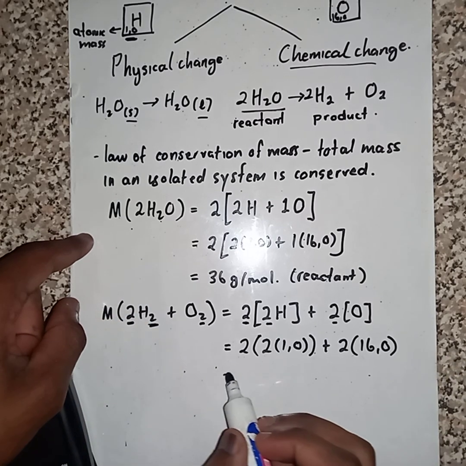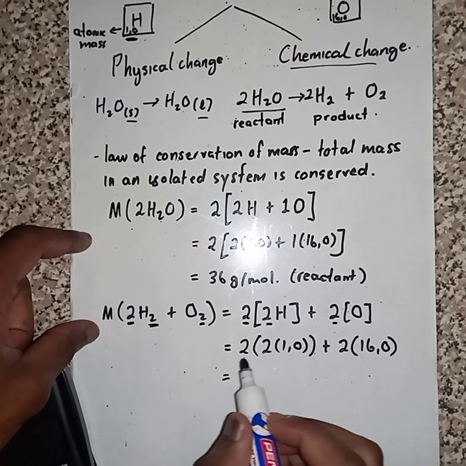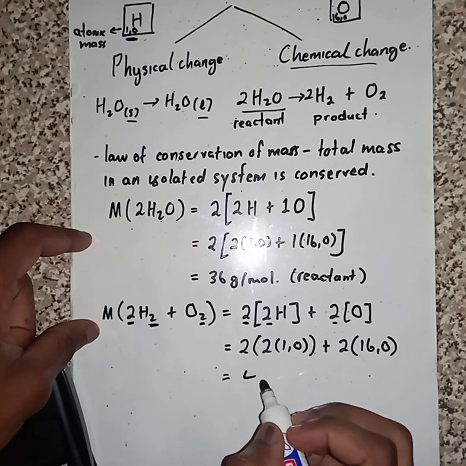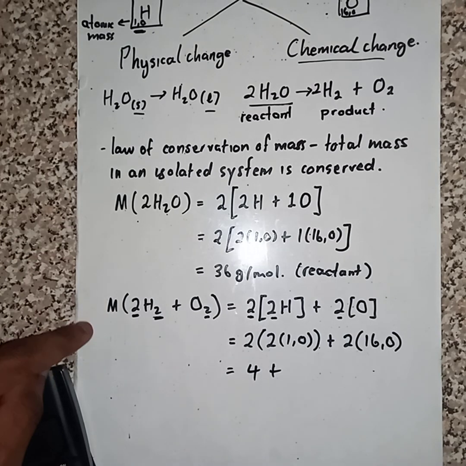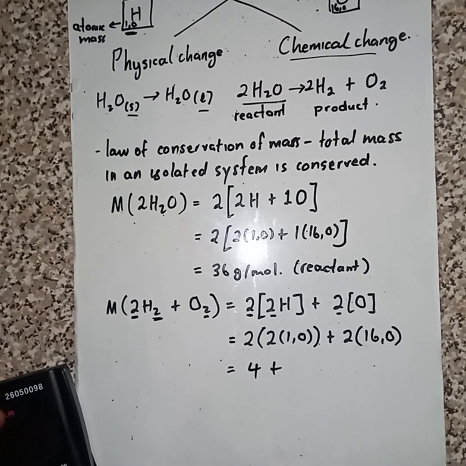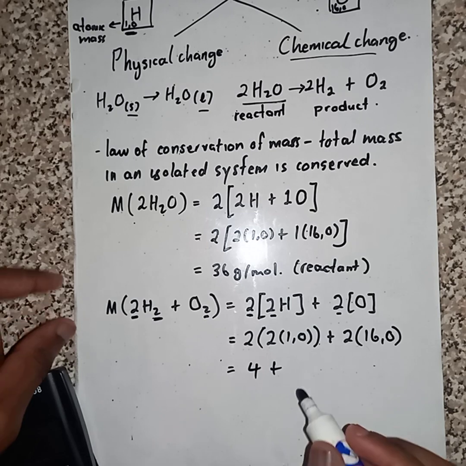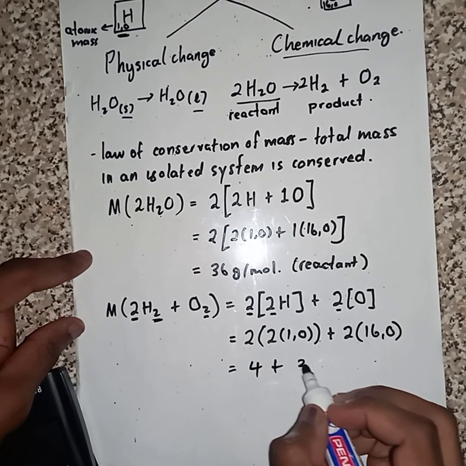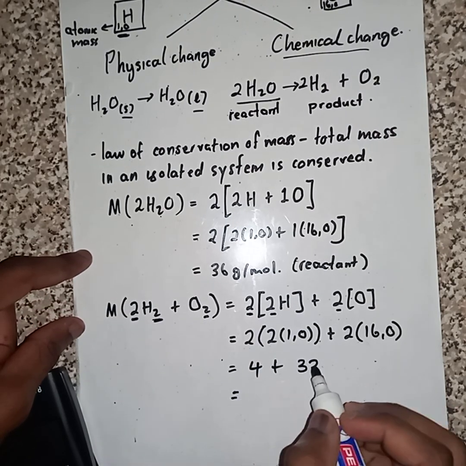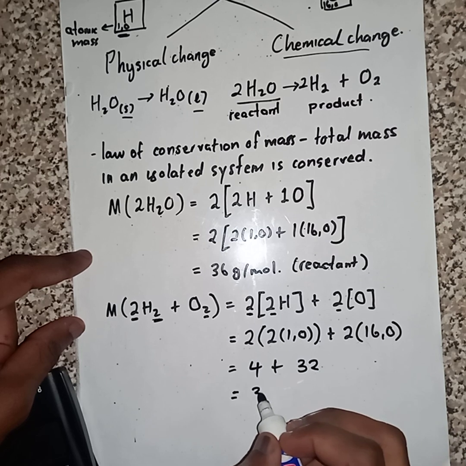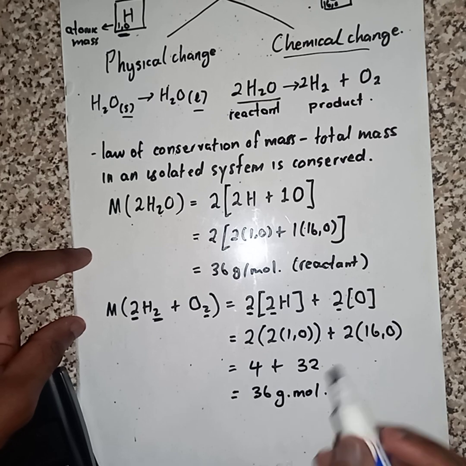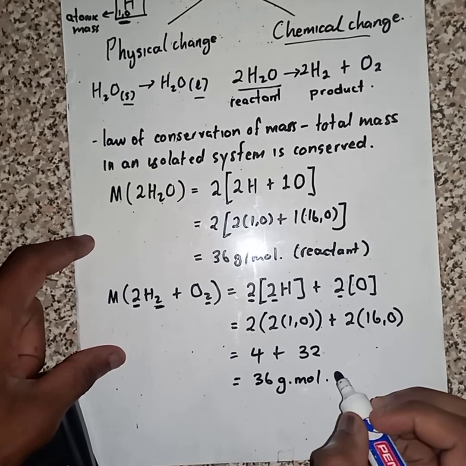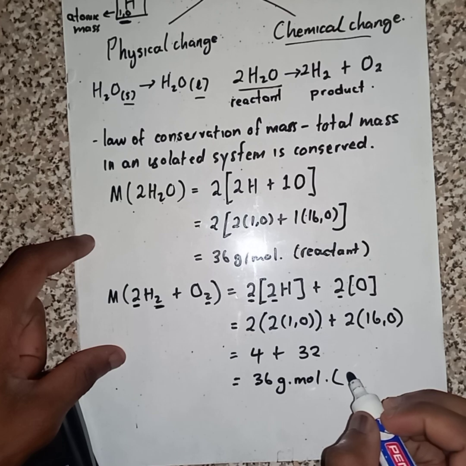Let's move. Then this side we are going to get 4 plus 16 times 2, which gives 32, and 32 plus 4 we get 36. At this point we have found the molar mass of our product.